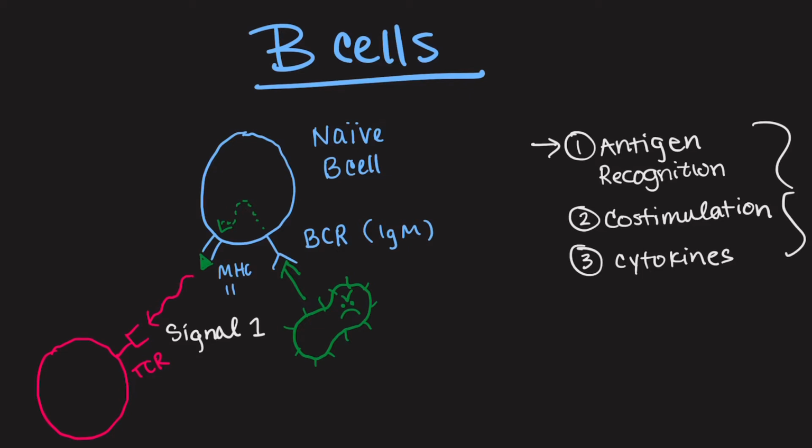So it's going to upregulate this ligand. Obviously it would upregulate in this case because we're dealing with a bacteria, so it knows it's dangerous. So CD40 ligand is going to be upregulated, and then on the surface of the B cell, we have a receptor called CD40. So pretty easy, right?